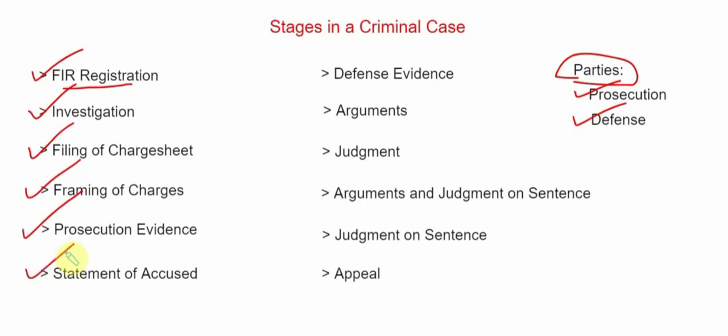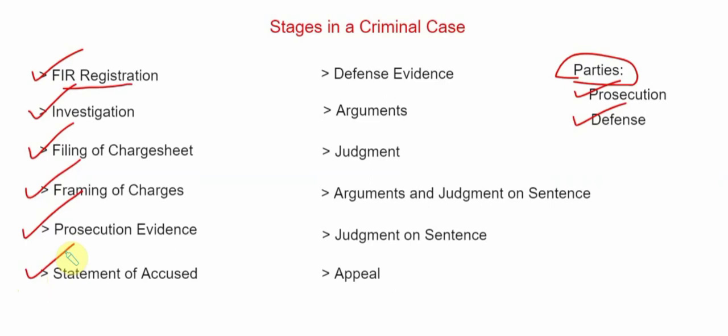The court is going to ask the accused, what do you have to say about all this? Are you accepting your mistake, or are you accepting that you have done the crime or not? In case the statement of the accused is found satisfactory by the court, they will let them go.